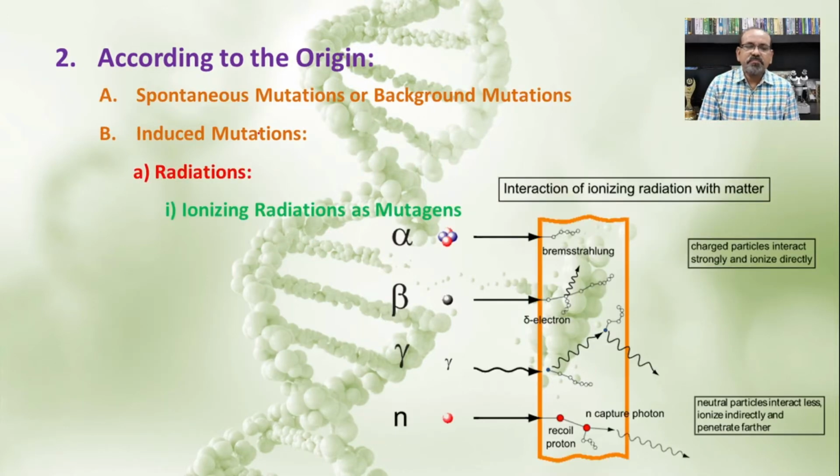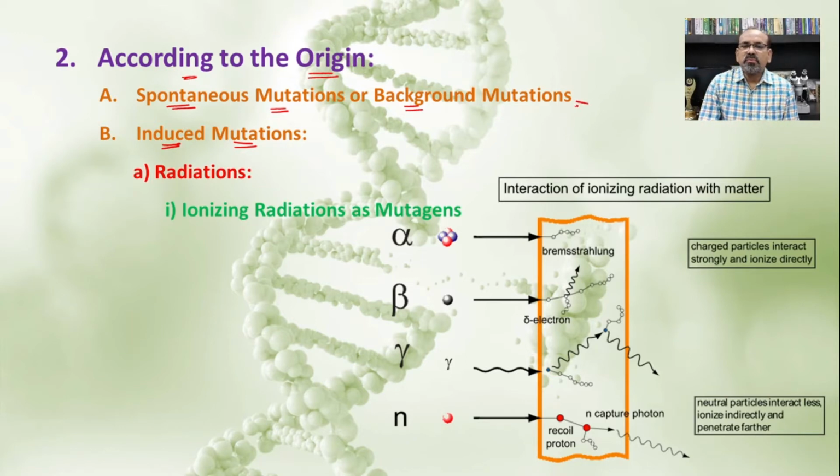The second type is according to the origin of the mutation. Here the first one is the spontaneous mutation, and the second one is the induced mutation. The spontaneous mutations are introduced by the environment, and these are also known as background mutations.